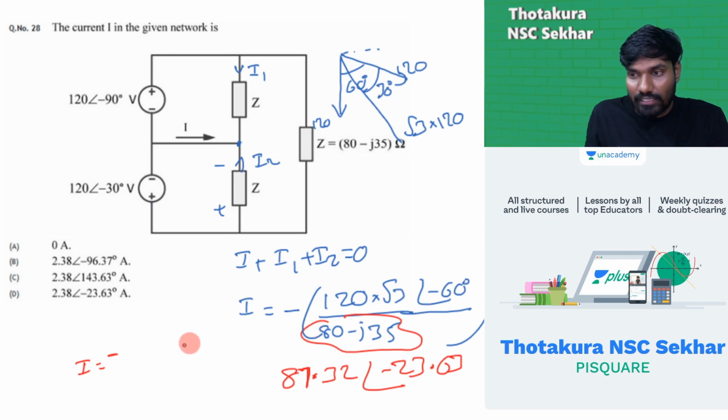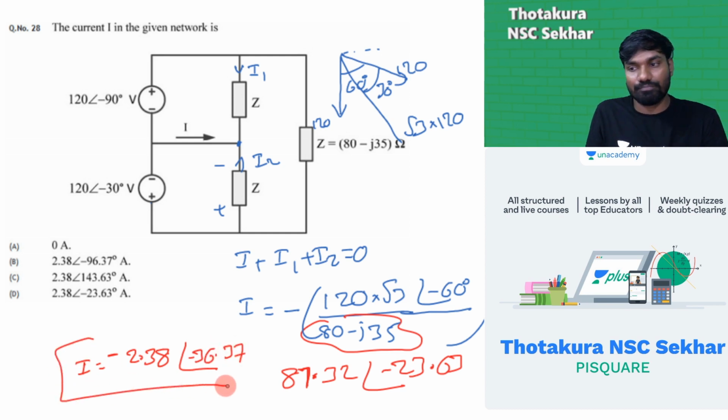We'll get the value of 2.38 at an angle minus 60. In the denominator we have minus, if it goes to the numerator it will be plus. Sorry, minus 60 plus 23.63, because this is minus 60, right? Here minus 23.63, if it goes upwards, you'll get plus. This is minus 36.37. This is the answer.